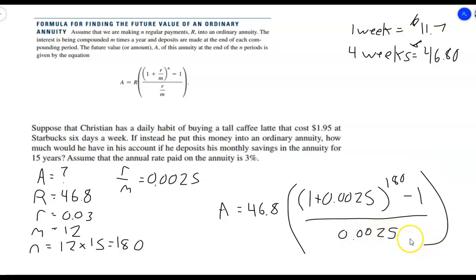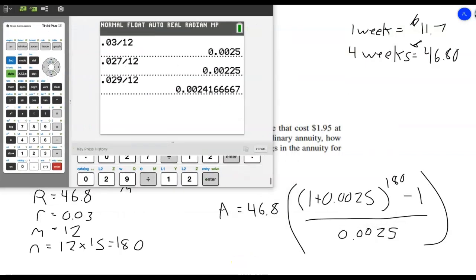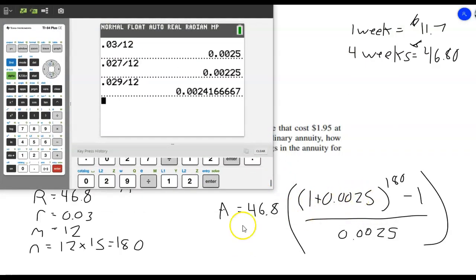Now I know many of you, or maybe even most of you, don't have a graphing calculator, so let's do this step by step. The first thing I want to do is add 1 and 0.0025, which gives 1.0025, and we're going to raise it to the 180 power.